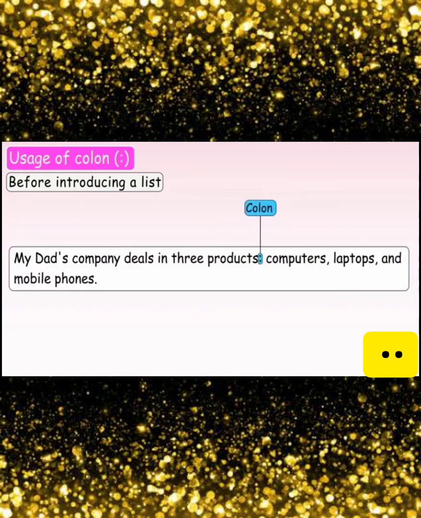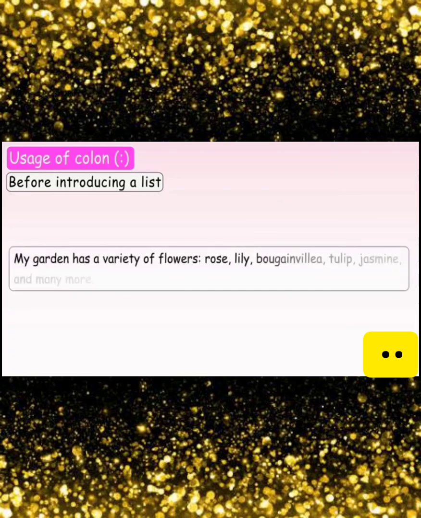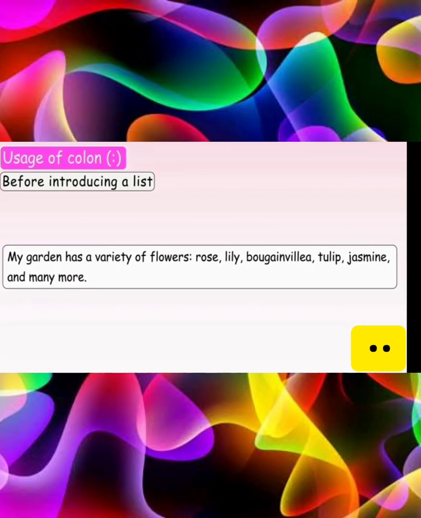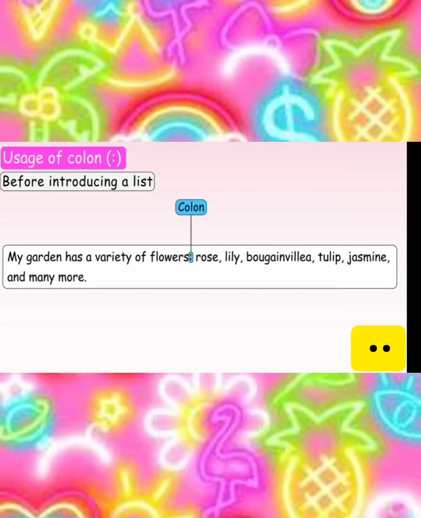Here the colon is used to introduce the list of items. Next example. My garden has a variety of flowers: rose, lily, bougainvillea, tulip, jasmine and many more. Here again you have noticed that we have used a colon before the list of flowers.